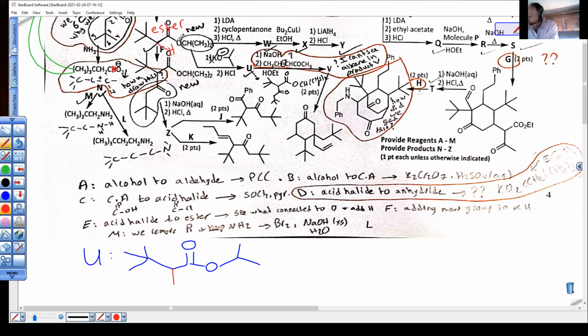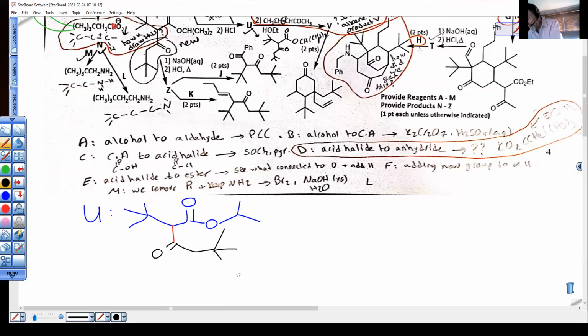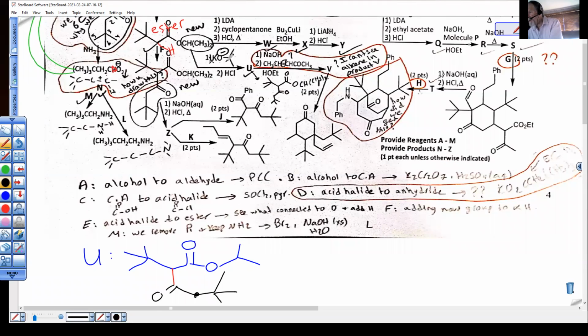They come back and kick off that leaving group, and you end up with everything carbonyl, and to the left, attached down here, carbonyl goes to CH2, goes to tert-butyl group. And just be very clear, there's a carbon right here, CH2. And that is product U.